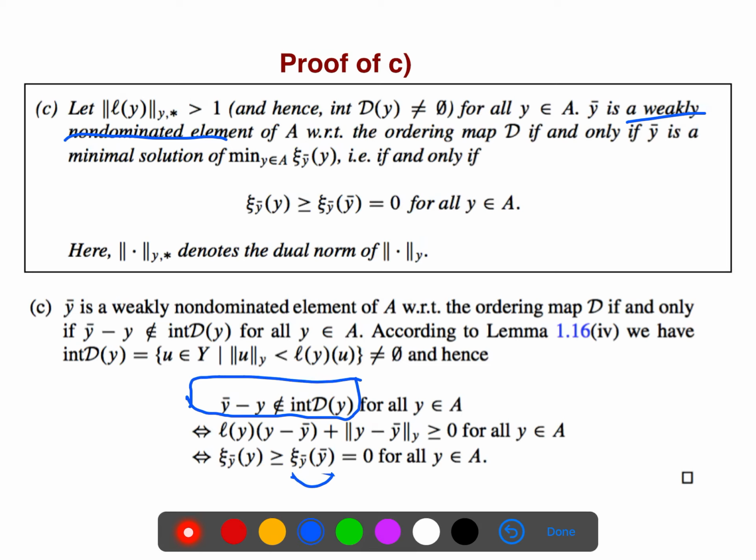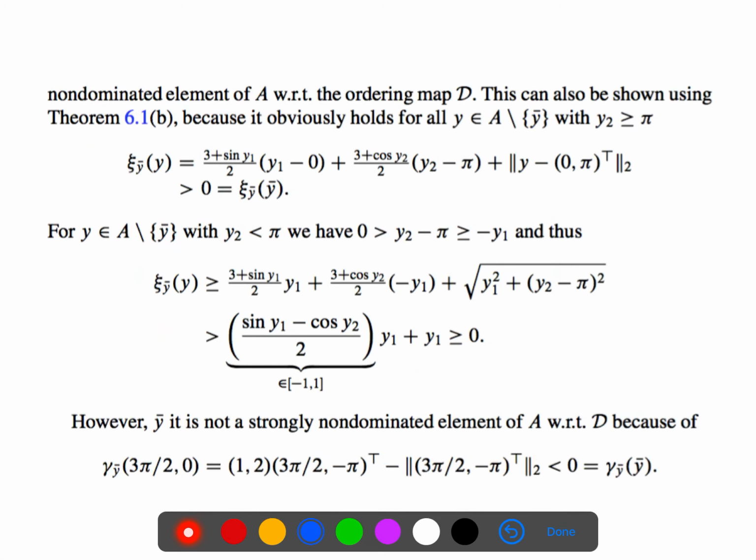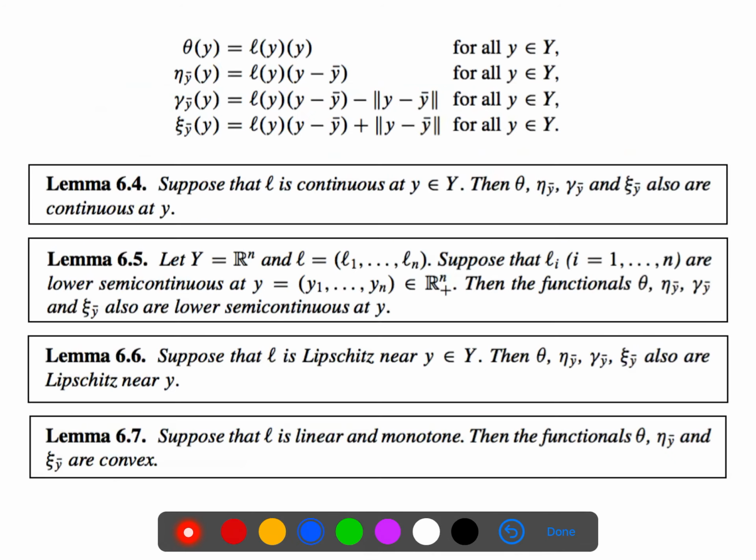So all of them are about minimizing a functional, just like what I was talking about in my previous lecture, when I was minimizing the Pascoletti-Serafini functional. An example could be to use this functional as well, with L and A a subset of the objective space, and you can calculate and figure out whether a point is non-dominated or not.